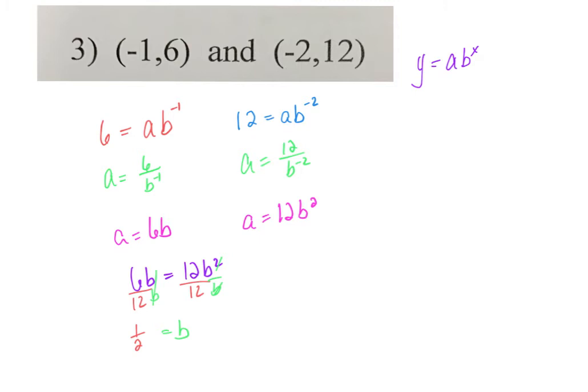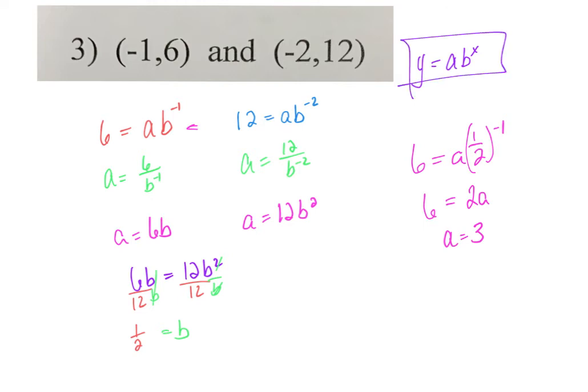Once I have b, I'm going to go back to either one of these. So 6 equals a times 1/2 to the negative 1. 1/2 to the negative 1 is just 2. And so my final equation, I'm going to plug it in: y equals 3 times 1/2 to the x.